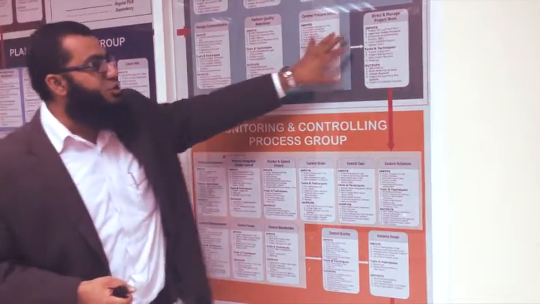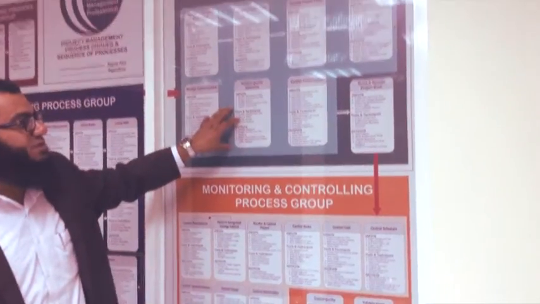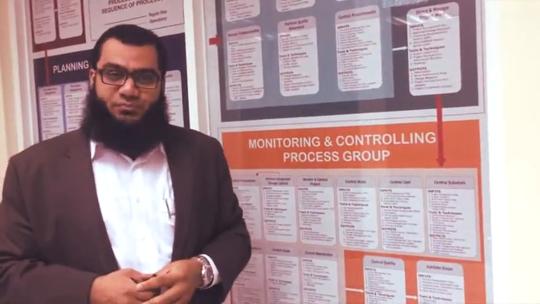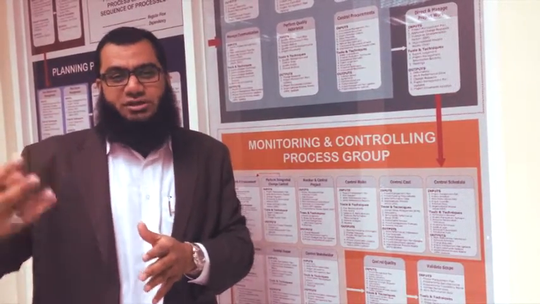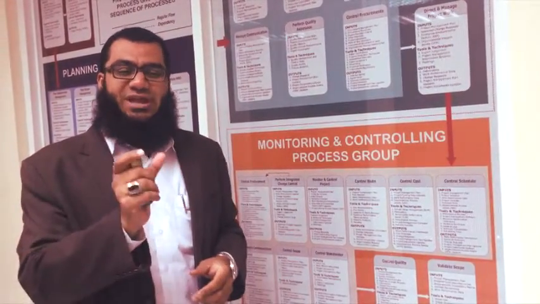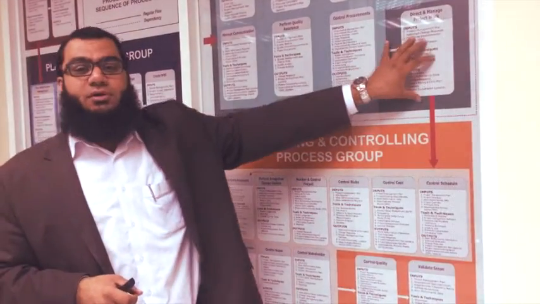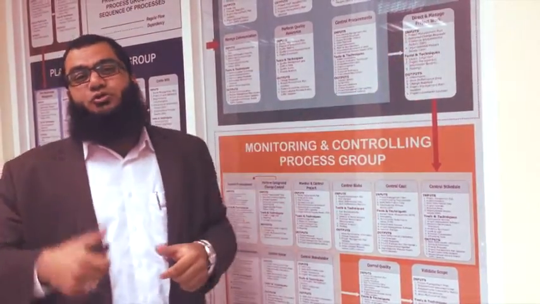The last process in your execution itself is direct and manage project work. If you notice, the output of this is the deliverable. Whatever you planned, the activities you complete in execution, you end up with an end result. It could be a product. This deliverable, you further take to quality control people.